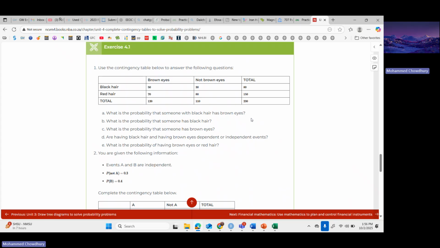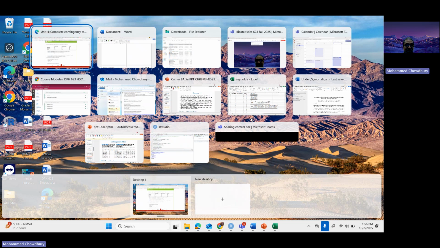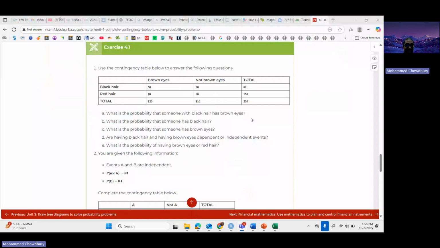For the tables that we have to make on the exam, would the order matter, like which side? No. You can put adult first, minor second. So he's asking whether the order matters when you create a table. Order doesn't matter, but the frequencies should be the same.